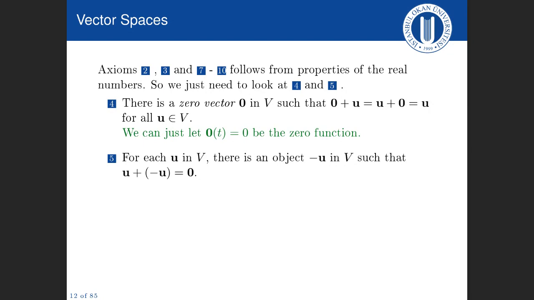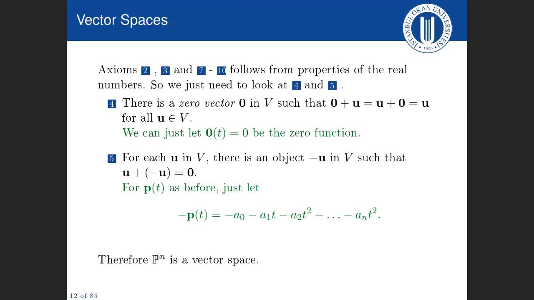And for a negative vector, we'll just define minus p to be minus a0 minus a1t minus a2t squared, etc. Because then if we do p plus minus p, we'll just get the zero function, so the zero vector. This proves that Pn is a vector space.